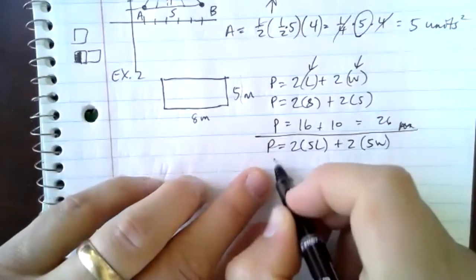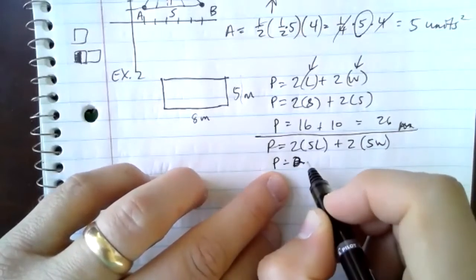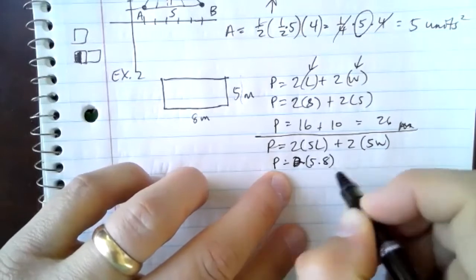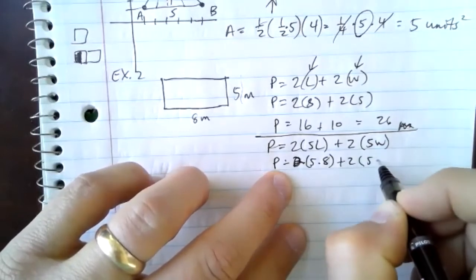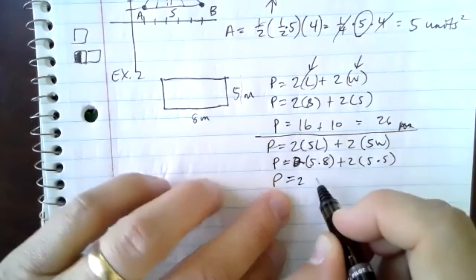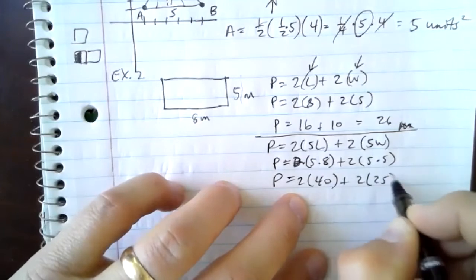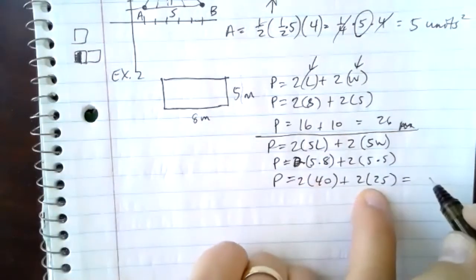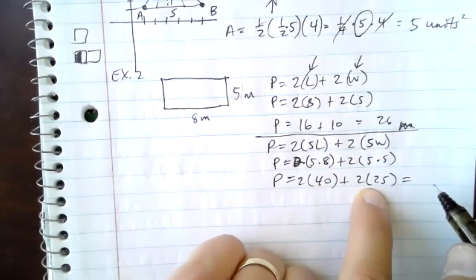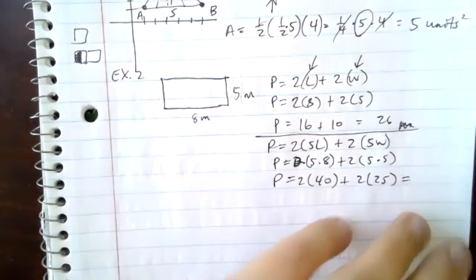So perimeter equals 2 times 5 times 8 plus 2 times 5 times 5. That's 2 times 40 plus 2 times 25. That's 80 plus 50. That's going to be 110. Wait, that's not right. 80 plus 50 is 130, isn't it?